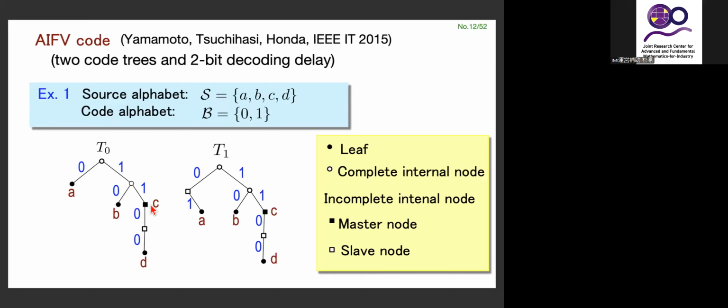This master node is connected to its grandchild by code symbol 00. And the child node is called the slave node, and no source symbol is assigned to this slave node. On the other hand, in T1, there is no path that begins with 00.